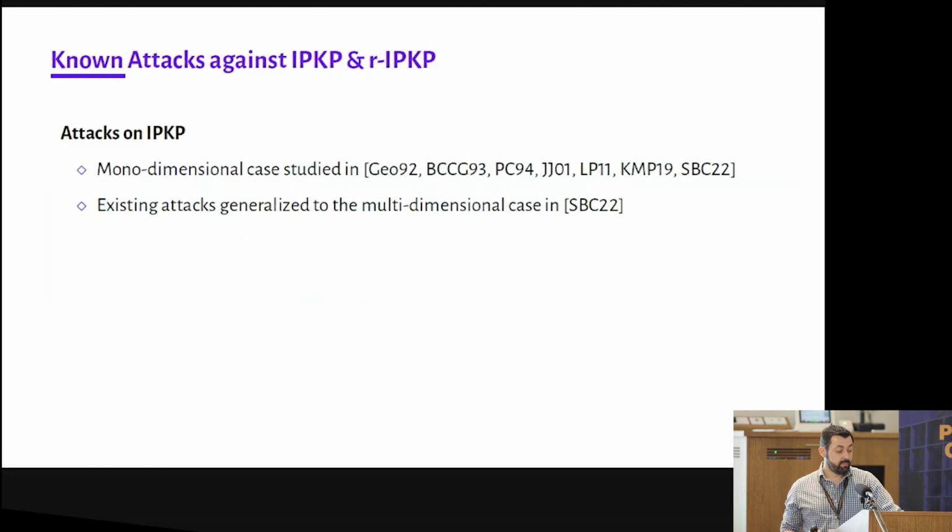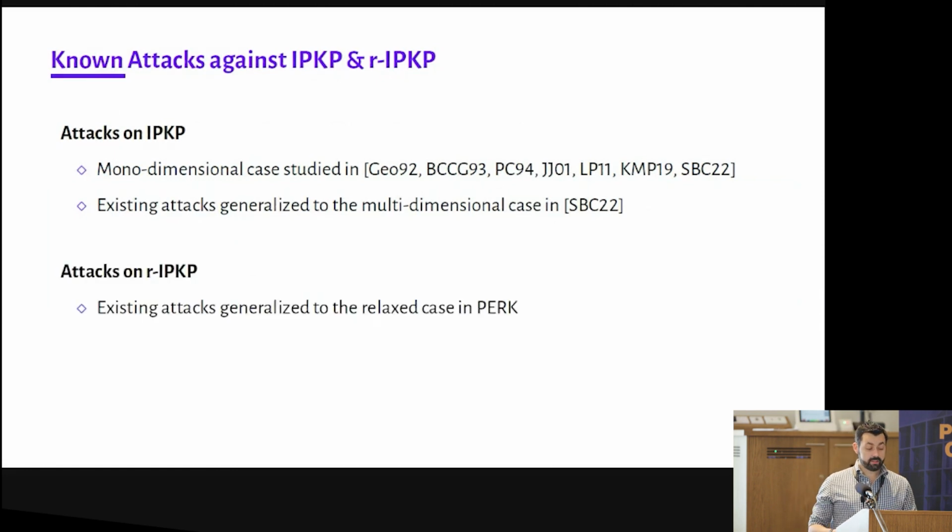To date, the best known attack is the one from SBC22, which is due to Santini, Baldi, and Chiaraluce. Hopefully I'm not destroying the names here. What is also nice in this paper is that it has generalized all the existing attacks in the monodimensional case to the multidimensional case.